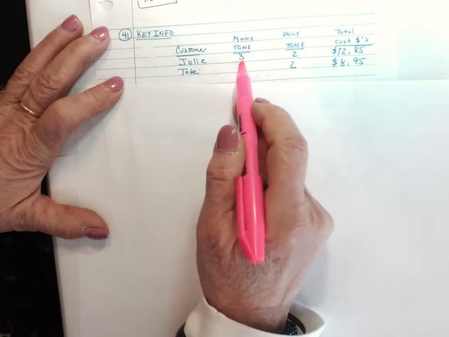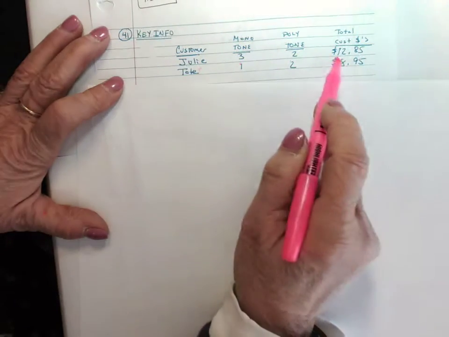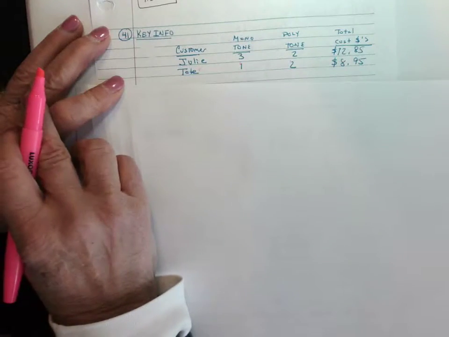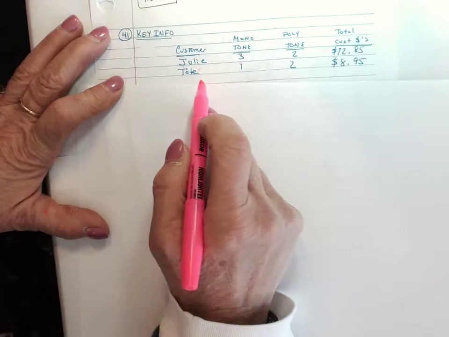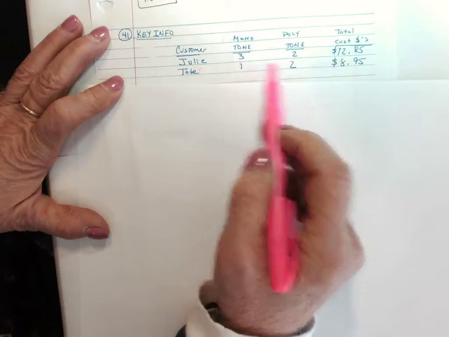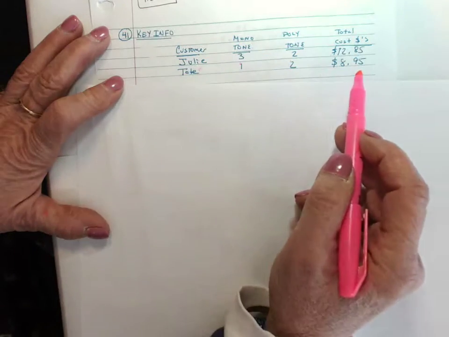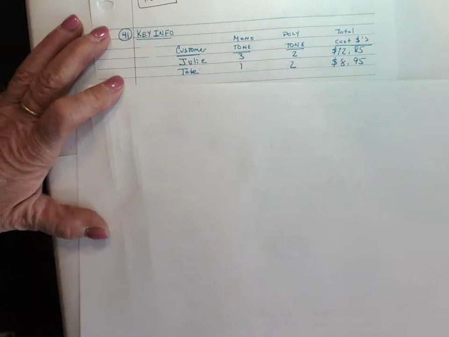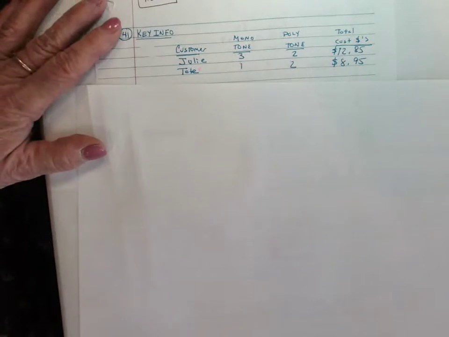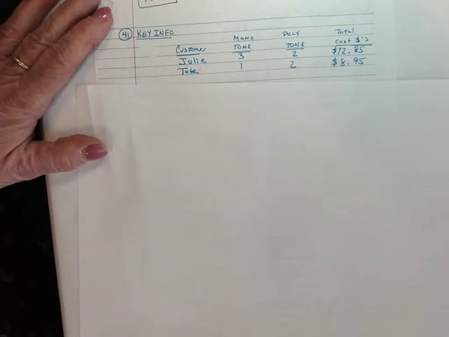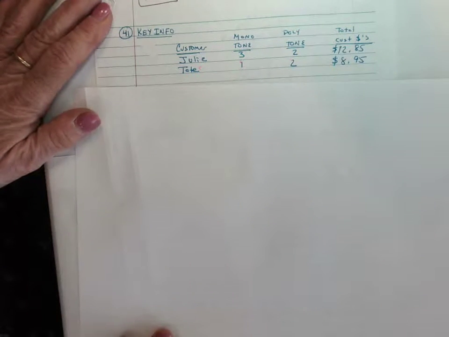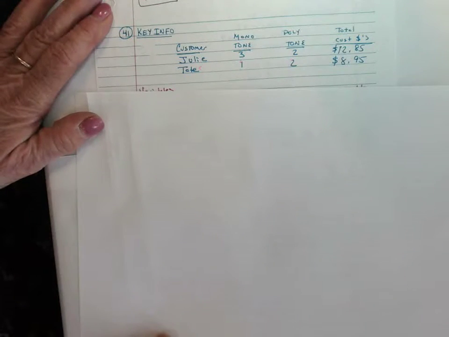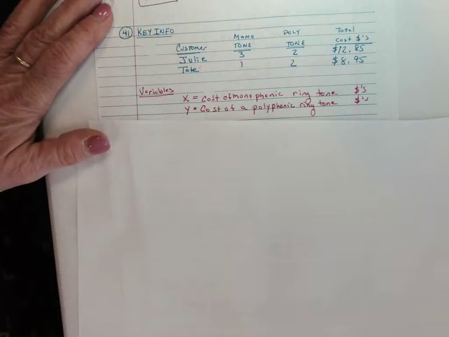Julie bought 3 monotones and 2 polytones and spent $12.85. Nate bought 1 monotone, 2 polytones, and spent $8.95. Now, if you didn't get this problem correctly, I advise you to go and watch this YouTube video and make sure you understand how to do these word problems.